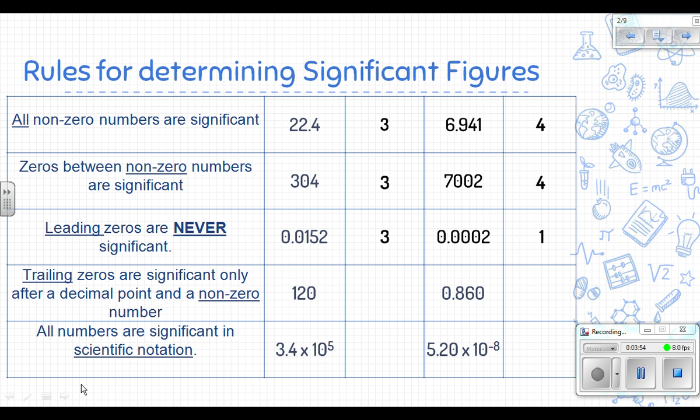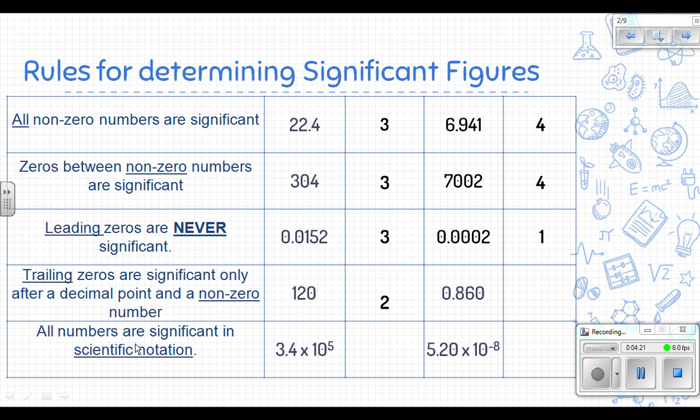For our first example here, we have 120. The 1's non-zero, the 2's non-zero, those both count. But that 0 is after them. So the next thing we have to look at is: is there a decimal point in the number? No, there's not. Since there's not a decimal point, only the 1 and the 2 count. The 0 does not. So this is only 2 significant digits.